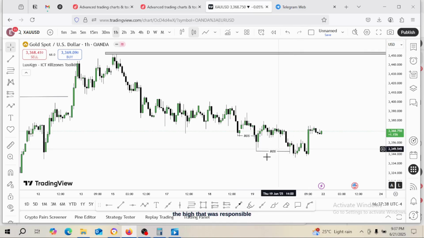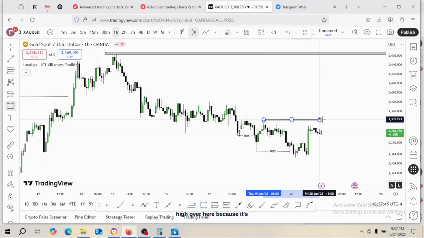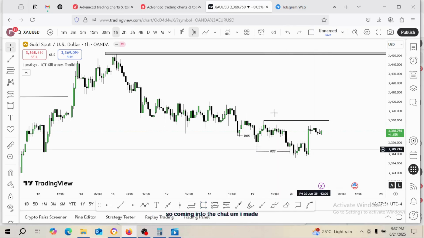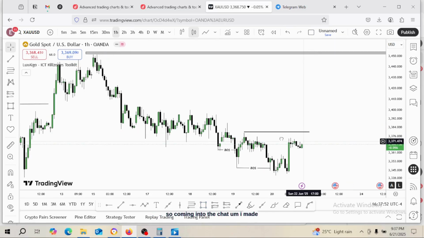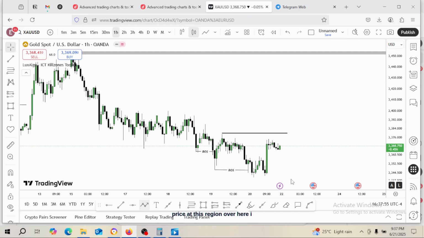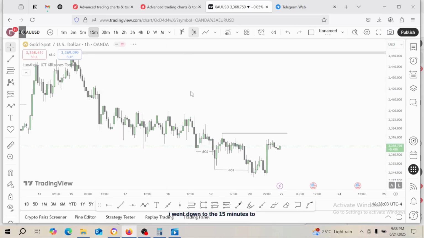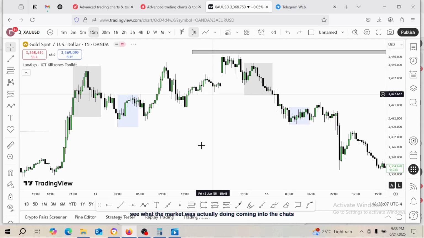So the high that was responsible for this break of structure was this high over here, because it's the last significant high that was responsible for this break of structure. Coming into the chart, I met price at this region over here. Coming into the chart, which was yesterday, I went down to the 15 minutes to see what the market was actually doing.